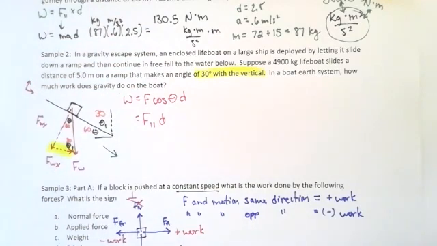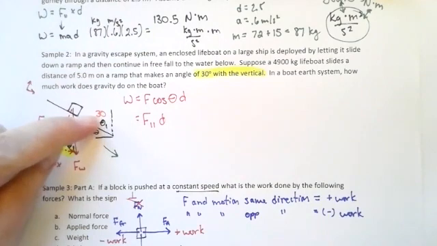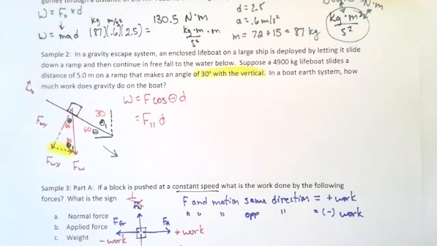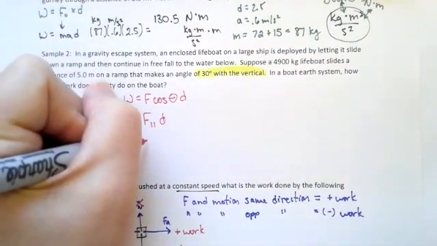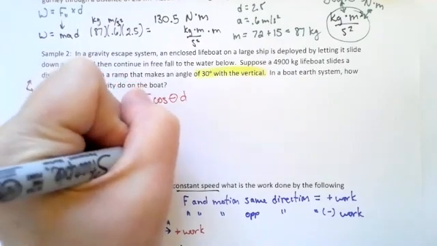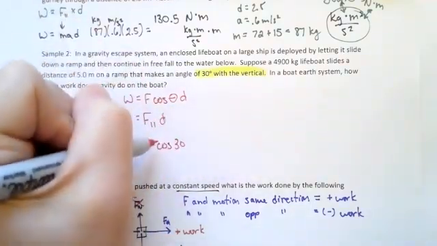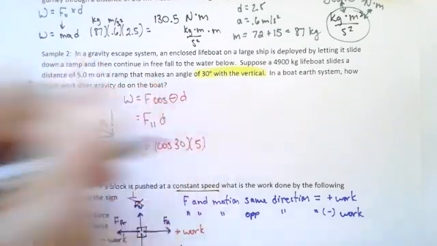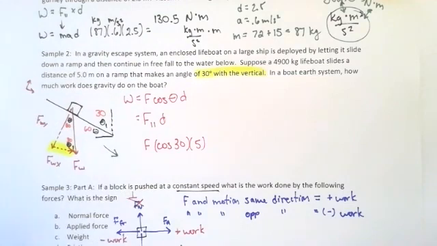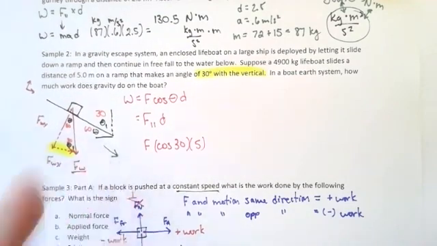But in this case, they do give us the vertical, and so that gives me my angle here, and so I can use the cosine function. And so I get my force times cosine of 30, and my distance is 5 meters. That's going to give me my work done. Well, how do I find this force? Well, hopefully you know that the weight vector, the force of that, is equal to mass times gravity.